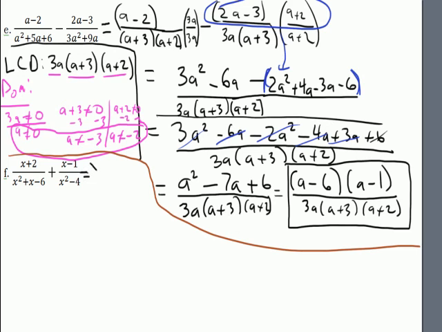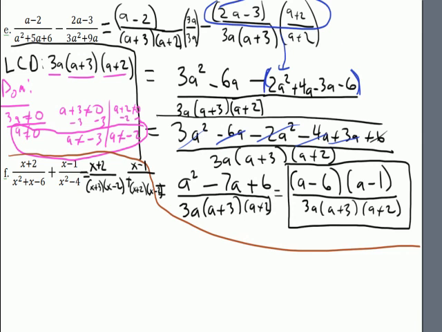So this first one is x plus 2 over, this is going to factor to be x plus 3 times x minus 2, plus the second term, x minus 1 over, well, x squared minus 4 is a difference of 2 squares. That should be x plus 2 times x minus 2.